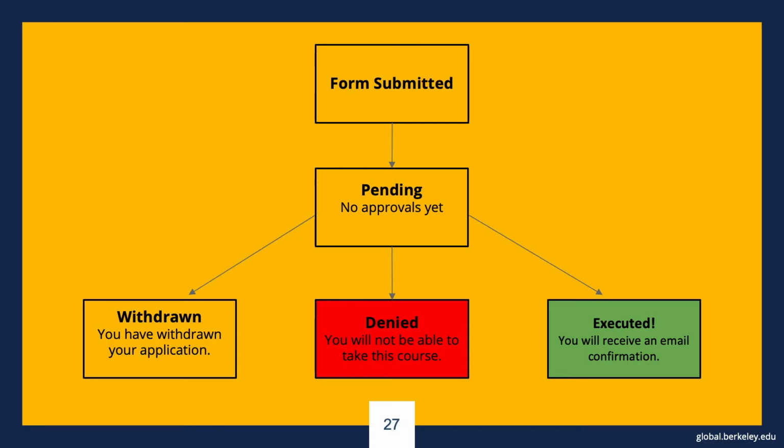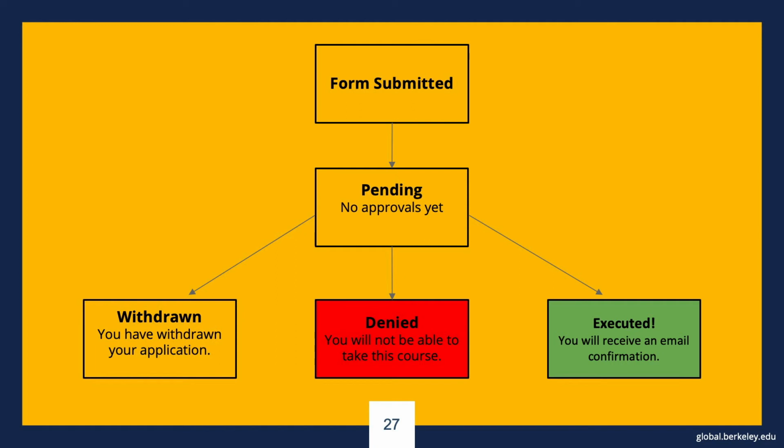Now that we have a better understanding of the 3 levels of the approval process, let's turn to your course application status. You can check your course application status by logging into your CalCentral account. On the screen is a guide to the different statuses a course approval could have in your CalCentral account.